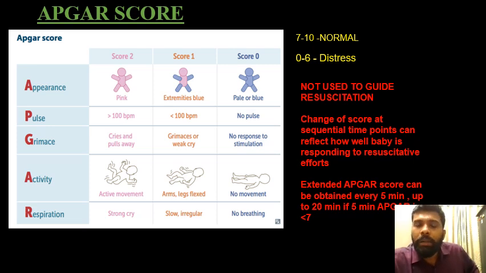Appearance, pulse, grimace, activity, and respiration, and each is given a score from 0 to 2. A 7 to 10 score is normal, and a score in the range of 0 to 6 means the child is in distress. And an extended Apgar score can be done every 5 minutes up to 20 minutes if the first 5-minute Apgar score is less than 7.